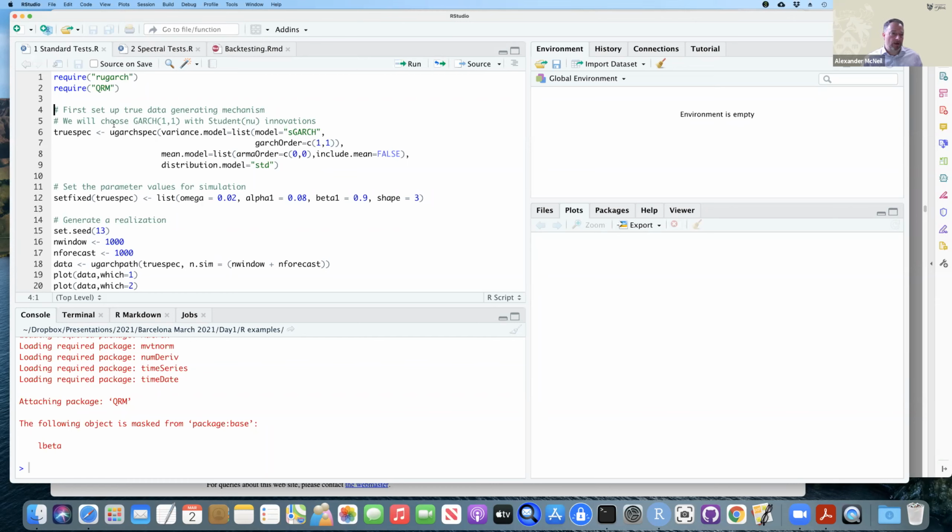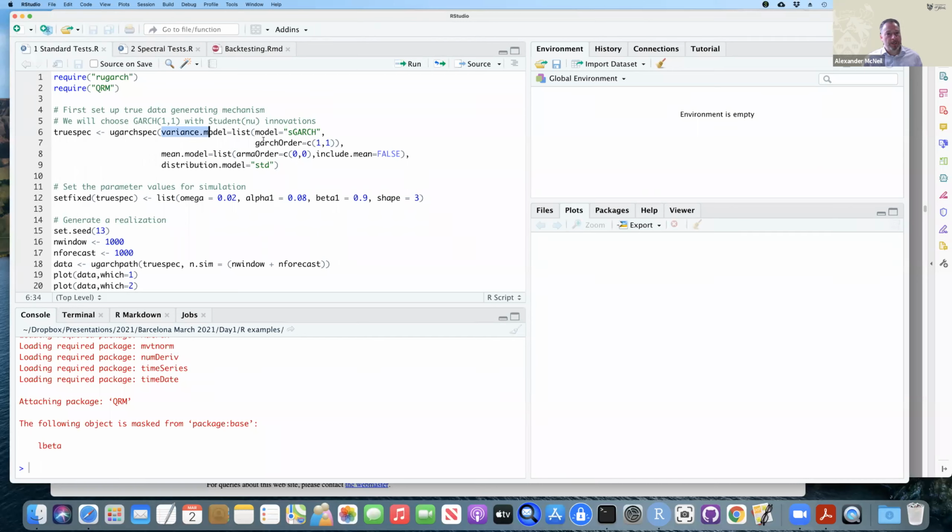So I'm going to use GARCH as a way of generating some data which behaves somewhat like financial risk factor data. It will have volatility, it will be heavy-tailed, and so I use a function called ugarchspec. If this needs to be bigger, then please say in the chat if I should make this bigger, but if it can stay at this size, then you'll see a little bit more.